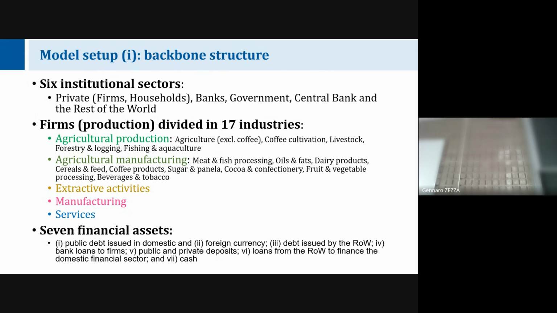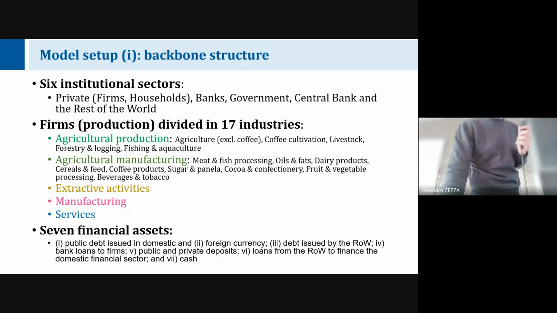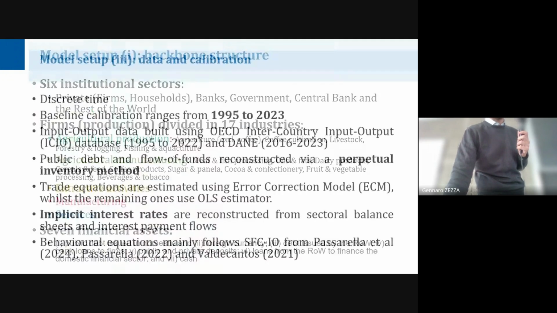We have firms demanding loans and receiving them from the financial sector. When it's not possible to finance loans with deposits, the financial sector demands foreign loans from the rest of the world. So it's a pretty easy structure, I would say, apart from the many sectors for the agri-food sector.